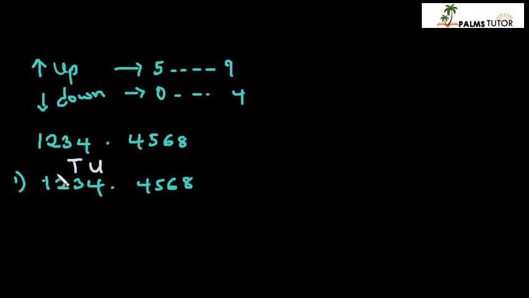This is tens, this is 100, and this is 1,000. After the decimal point, we start from tenth, which is 1 over 10. Then we have hundredth, then we have thousandth, which is 1 over 1,000, and so on. Now we are asked to round it to the nearest 1,000.